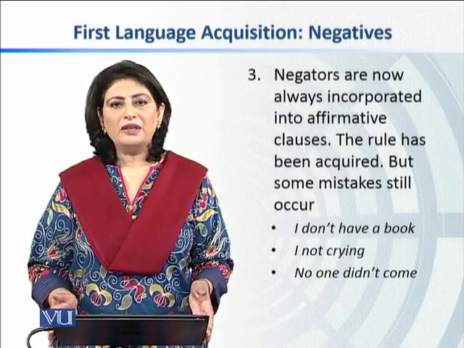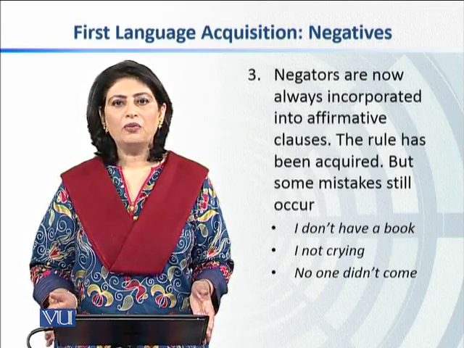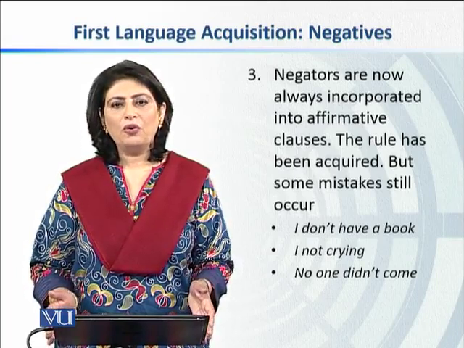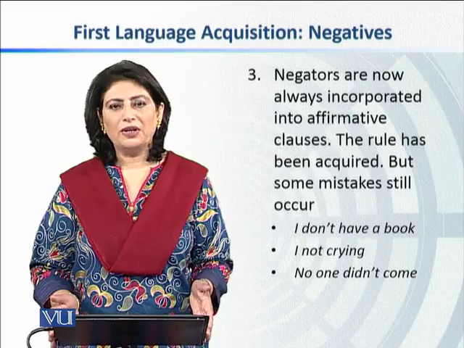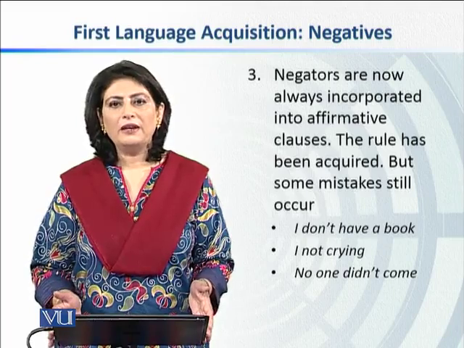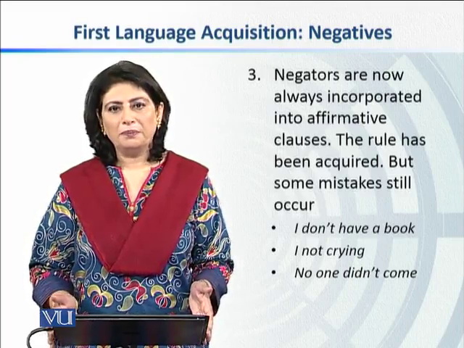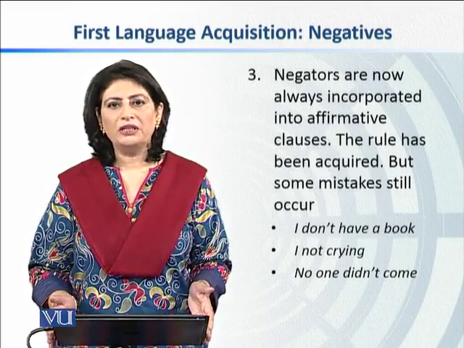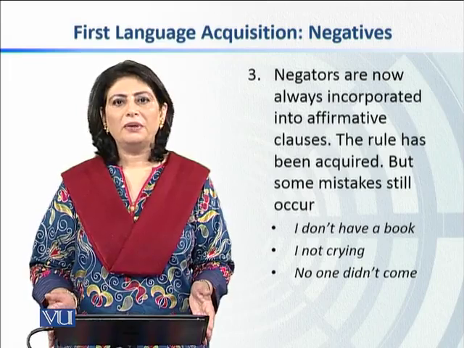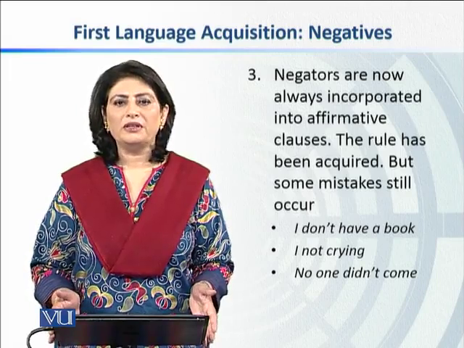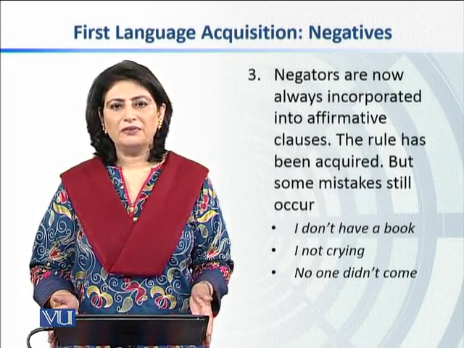And at times they will say something like, no one didn't come. So in the last utterance, there is the mistake of double negatives. No one didn't come. When there are two negatives together, it actually becomes a positive sentence rather than a negative sentence.